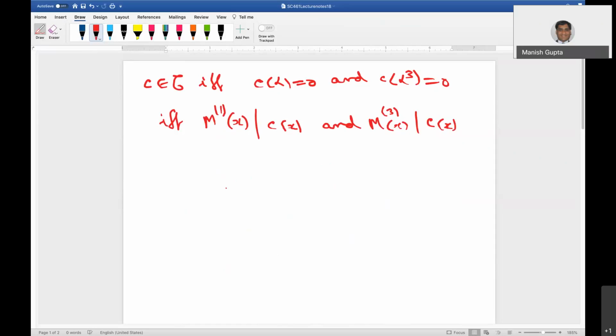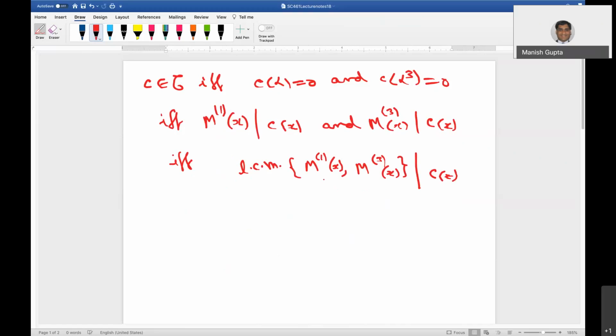This means the LCM of m1(x) and m3(x) divides c(x).